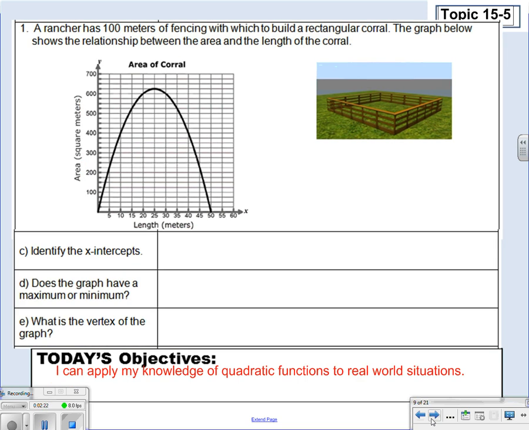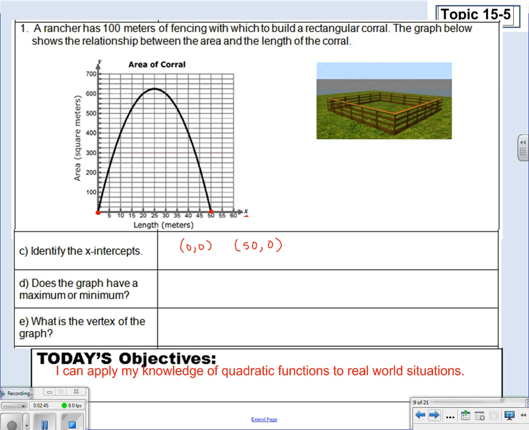Next, identify the x-intercepts. As we identify the x-intercepts, we're going to look on the x-axis and find where my graph crosses the x-axis. I'm going to draw my 2 points, and I'll see my x-intercepts. The first one is at (0, 0), and the second one is at (50, 0).